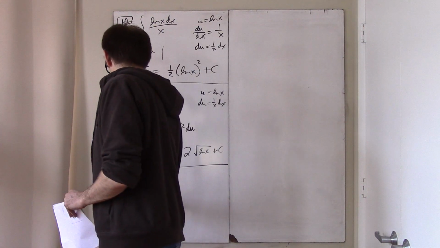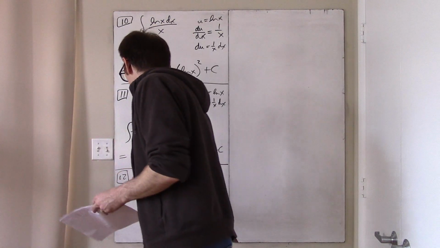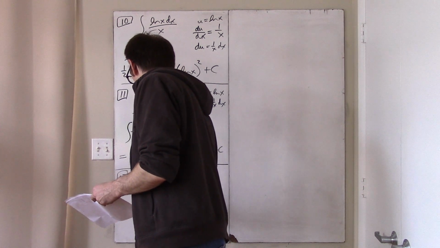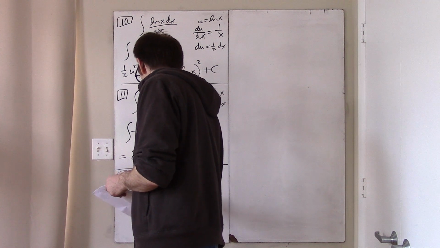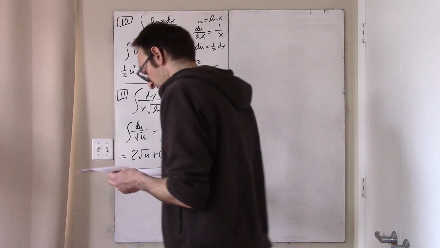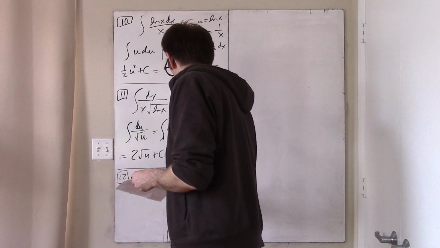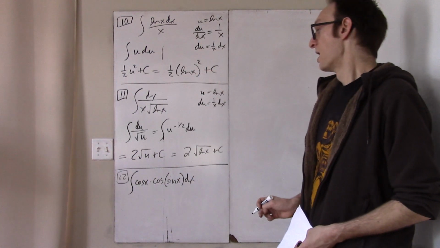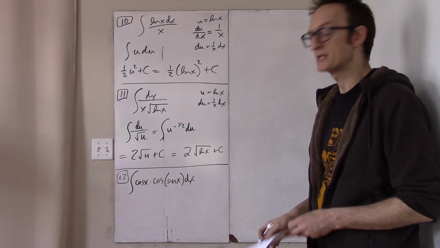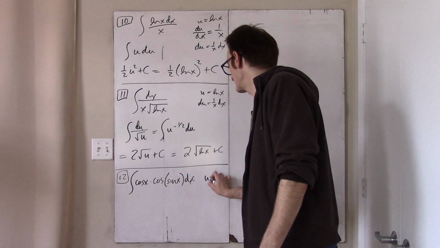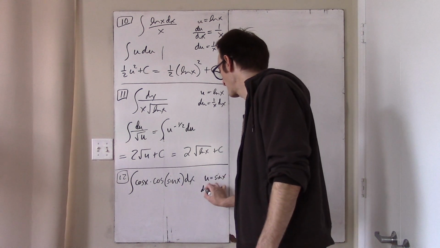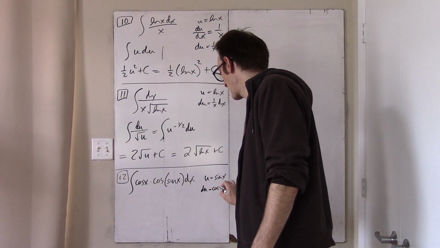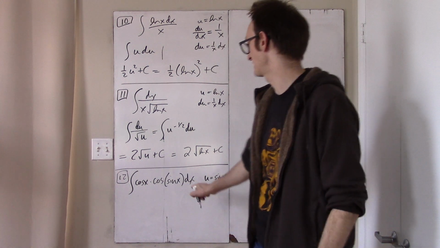12. A little bit of a silly problem. Here it is. Cosine x times the cosine of the sine of x. Something that's almost meaningless. Does it look like some chain rule happened here? It absolutely does. Because if I let u be sine x, the inner function, then du is cosine x dx, and that's right there.